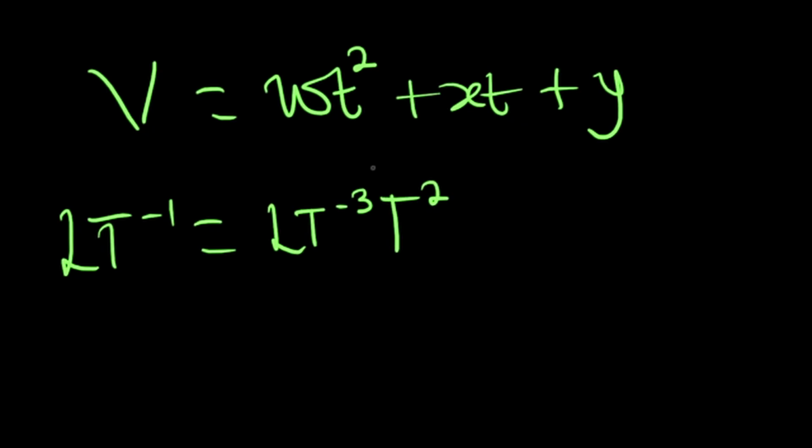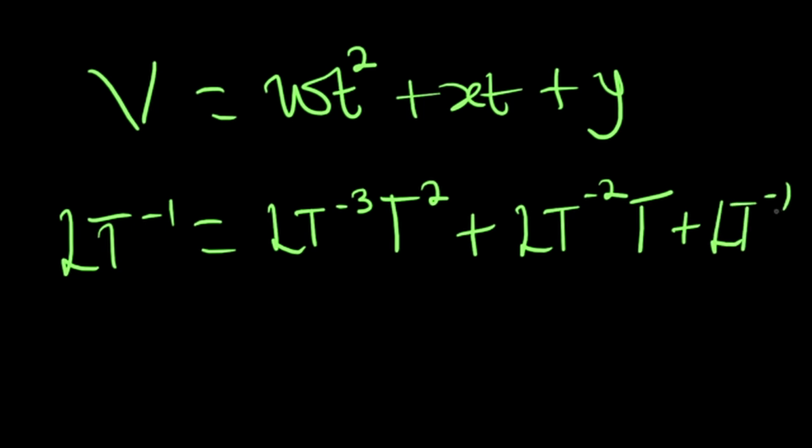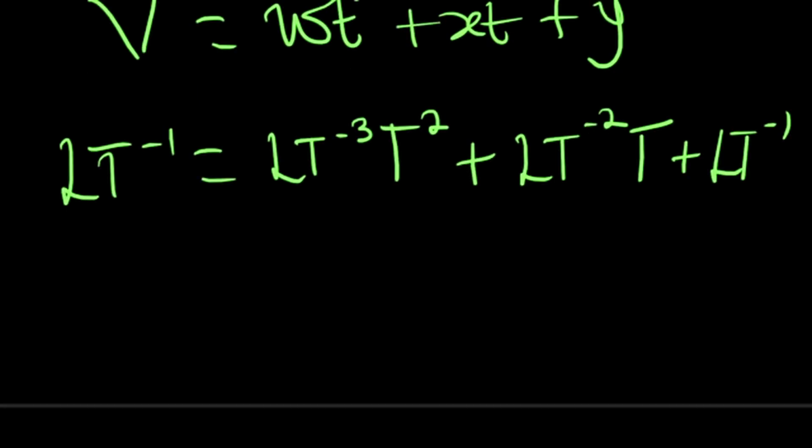The dimension for time is just T, and since it's squared, we also square it. Then this is plus, the dimension for x was determined to be LT^-2, and we also have a t, which is time, so this gives us T. And lastly, we have plus LT^-1. Remember that the dimension of y was determined to be the same thing as velocity.